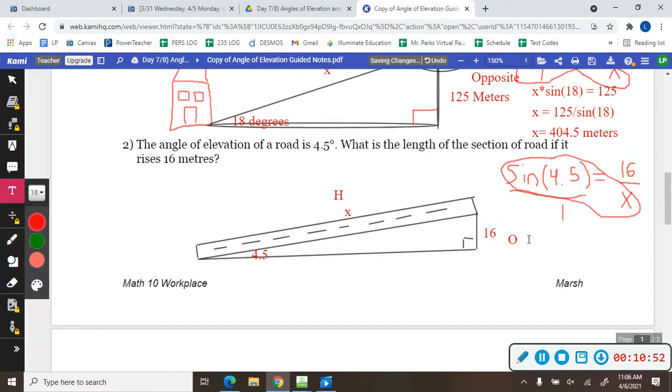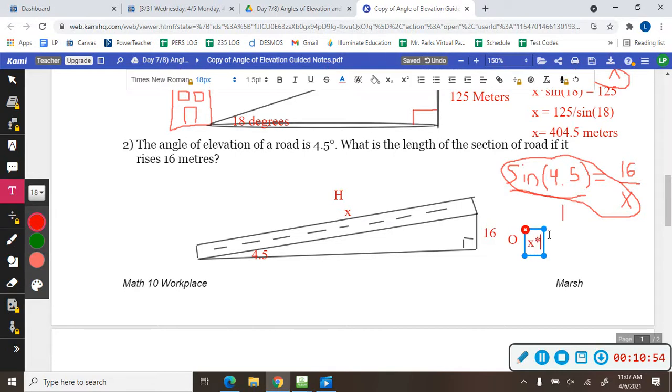You'd get x times sine 4.5 is equal to 1 times 16 if you cross multiply this way. And so if you divide both sides by sine of 4.5, 1 times 16 is 16. It'd be 16 divided by sine of 4.5.